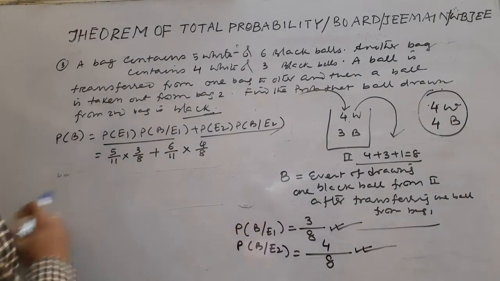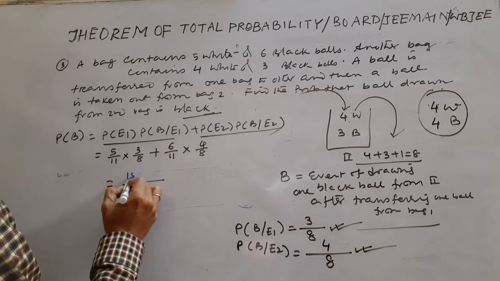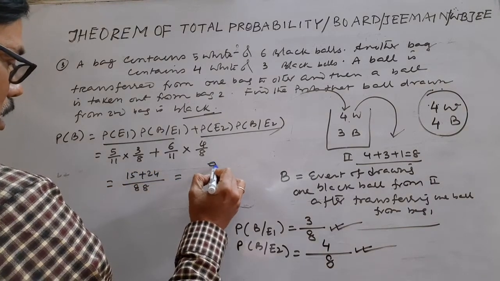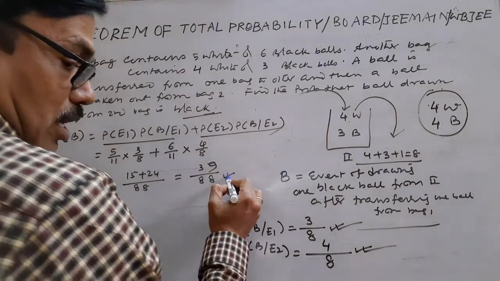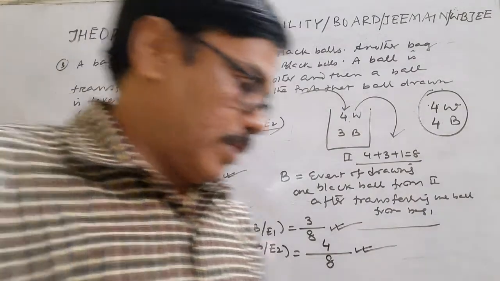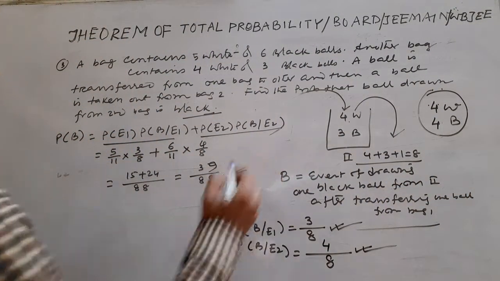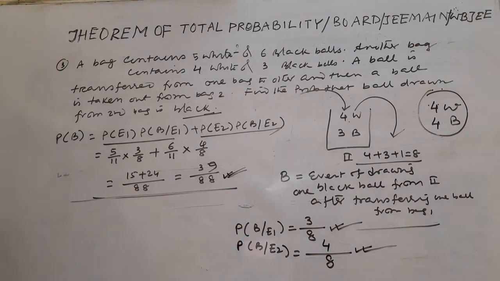So the LCM is 88. 15 plus 24, so this is 39. 39 by 88. So this is the final answer.